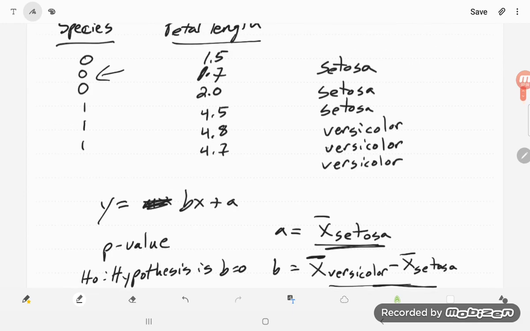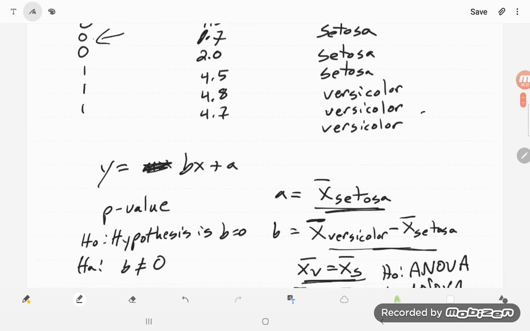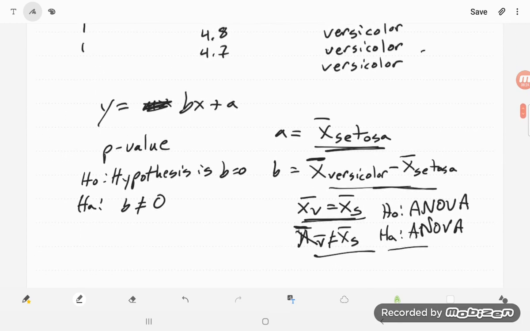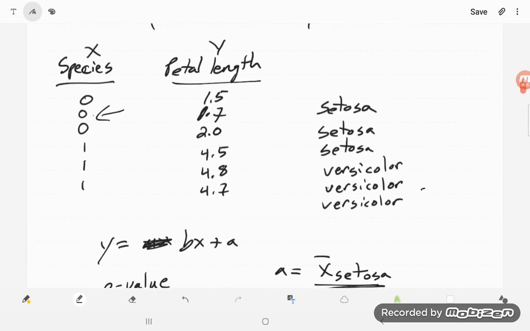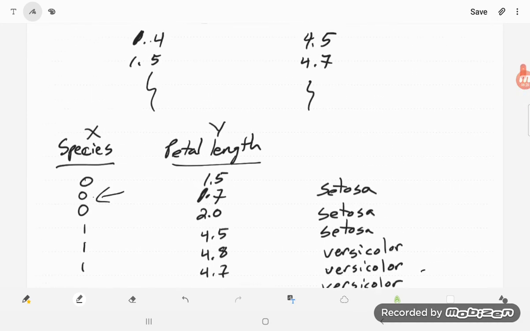Now, if we swapped the zeros and the ones, it would be the opposite. A would be the average of the versicolor, and then b would still be the difference, but again, it would be the negative. It would be the average of setosa minus the average of the versicolor. Okay, so that is what we can do with a categorical variable with two levels.